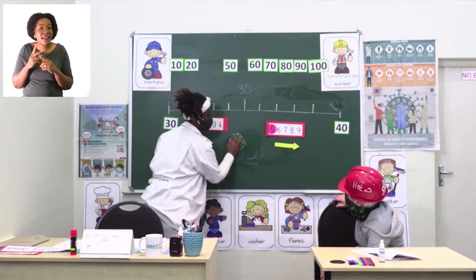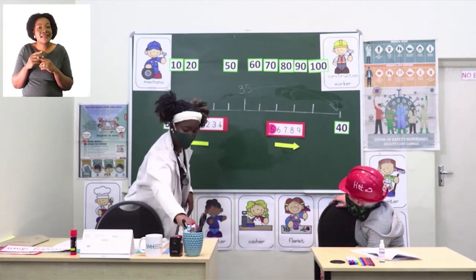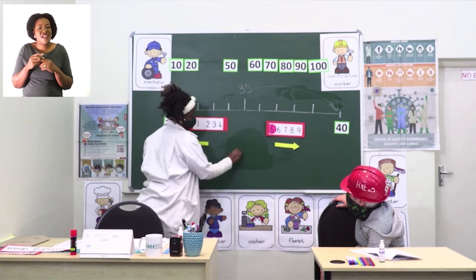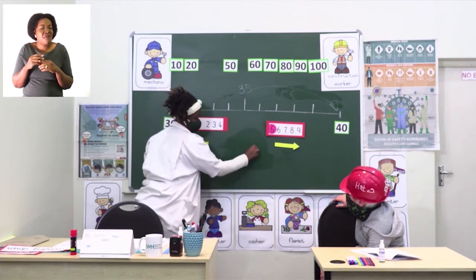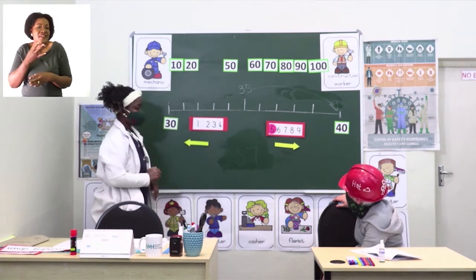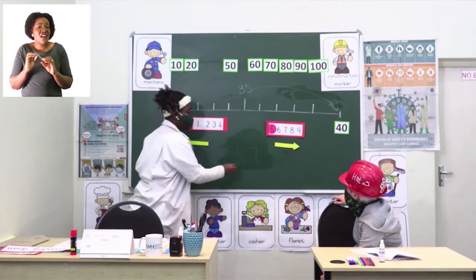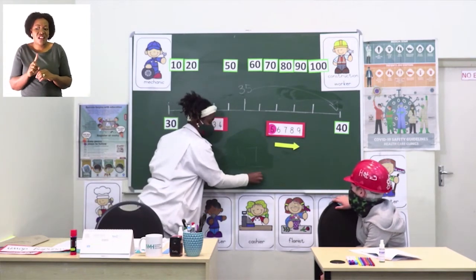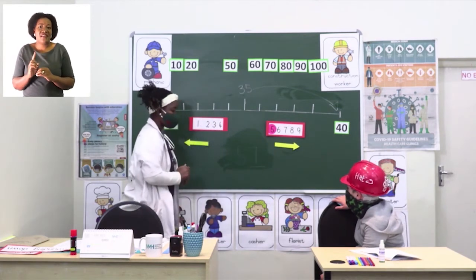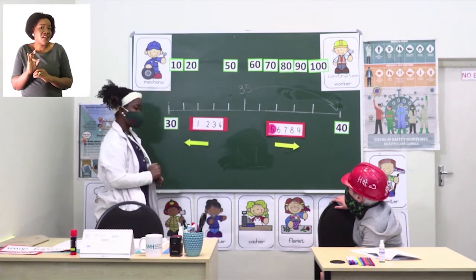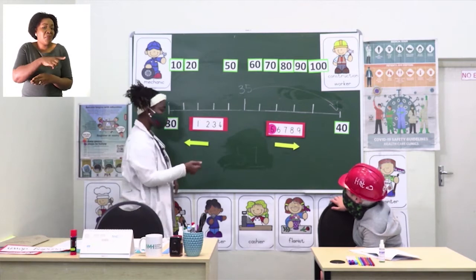Okay, let me just quickly ask. What if we have a number, for example, 57? Without using the number line, we can just quickly check. What is the number ending here? 7. So do we move forward or do we move backwards? Forward, very good.